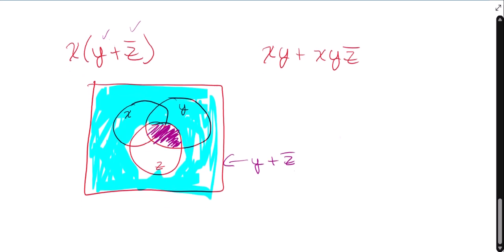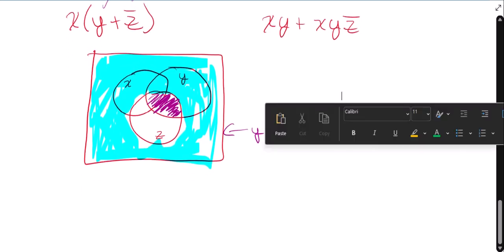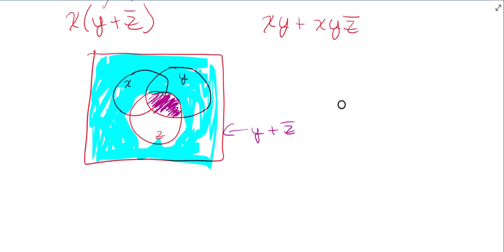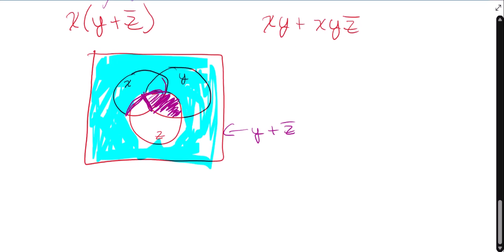But then I have to AND that with X. And so to AND it with X means that my answer has to include anything in my answer has to be in X and it has to be in this Y or not Z. And so the area that is in X, whoops, and in Y or not Z is this area right there, because everything in that is in X and in Y or not Z. So this is the area indicated by the first one.